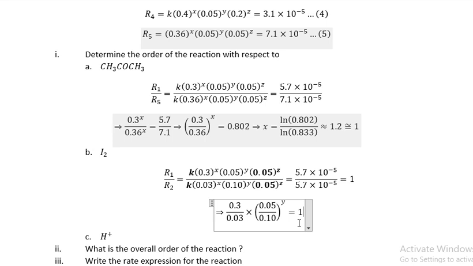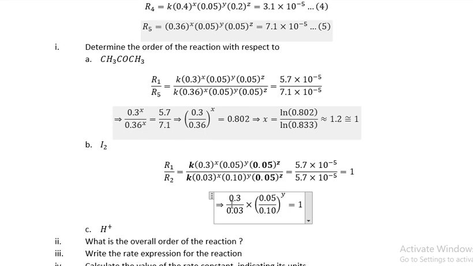Alright, so from here, if I take 0.3 divided by 0.03, I get 10. So this is going to give me 10, but I'll be dividing both sides by that 10, okay, and when I do that, let me also divide 0.05 divided by 0.1.